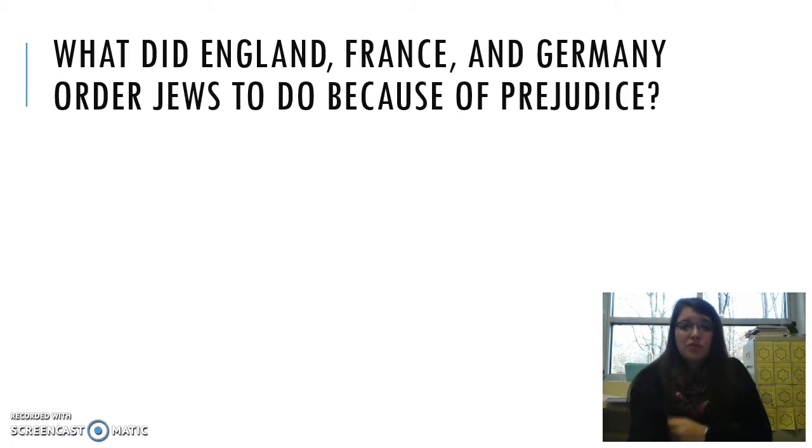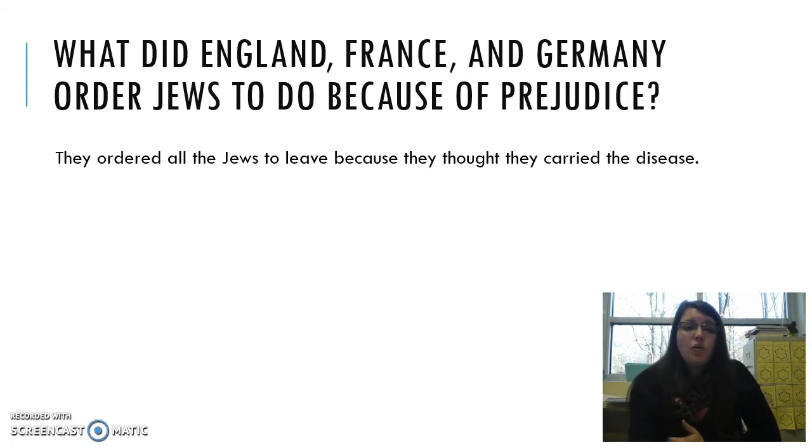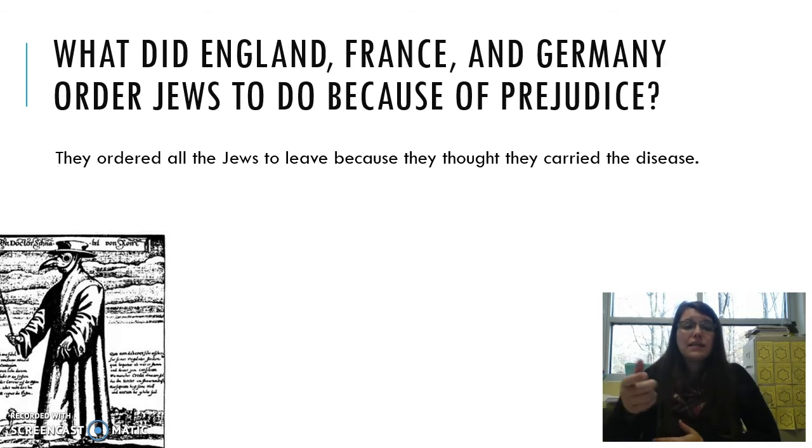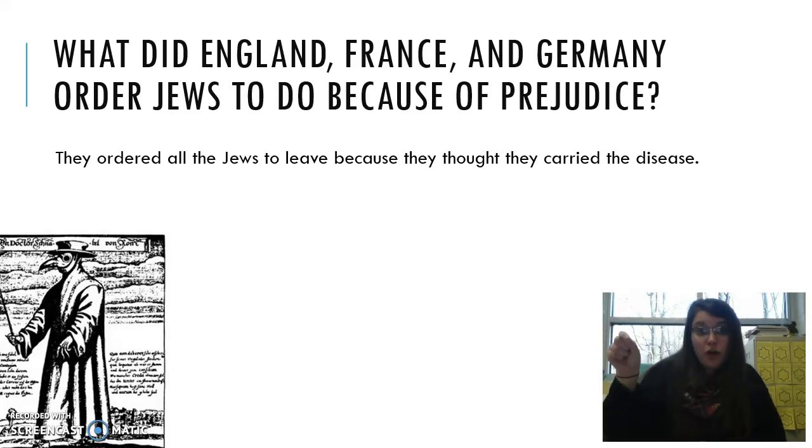England, France, Germany, and some other places actually ordered all the Jews to leave because they said, you are causing this disease. It is your fault. It didn't really help. It actually made other people more prejudiced, right? Because they're kicking these people out, and then, oh, well, the plague's not around, I guess you can come back in, but 9 times out of 10, the plague's going to come back because people are gross.